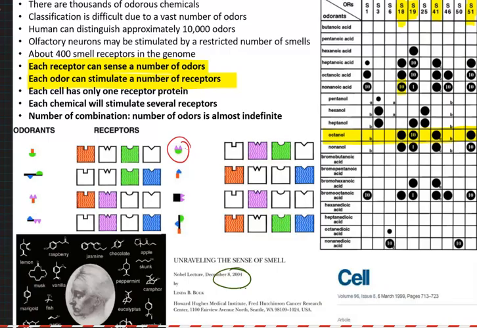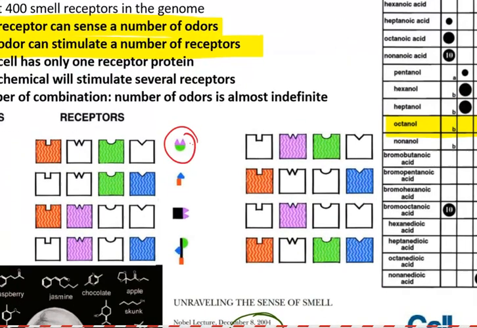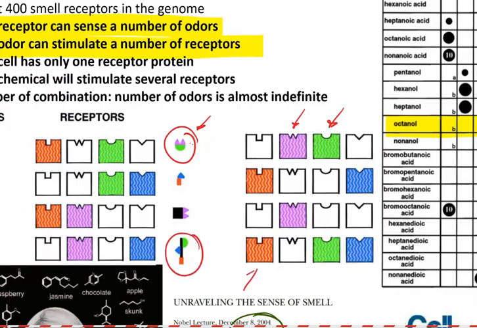It's a schematic representation, right? This guy. So this smelly molecule will stimulate these receptors. This smelly molecule will stimulate this, and these receptors. Am I clear?